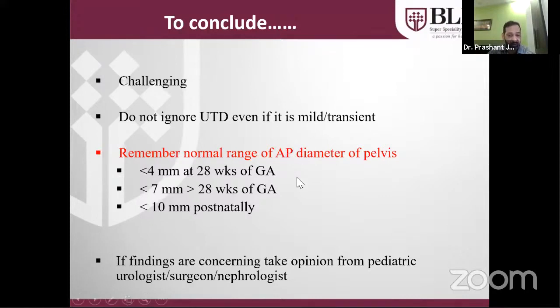It is very important to remember these three figures: less than 4 mm before 28 weeks of gestation is normal, less than 7 mm after 28 weeks of gestation is normal, and less than 10 mm postnatally is normal. So anything exceeding these figures should be considered as abnormal, along with the other red flag signs which I have already mentioned. And if there is any concern regarding the severity of the dilatation or any other findings, we should always seek the opinion of a pediatric urologist, surgeon, or nephrologist.